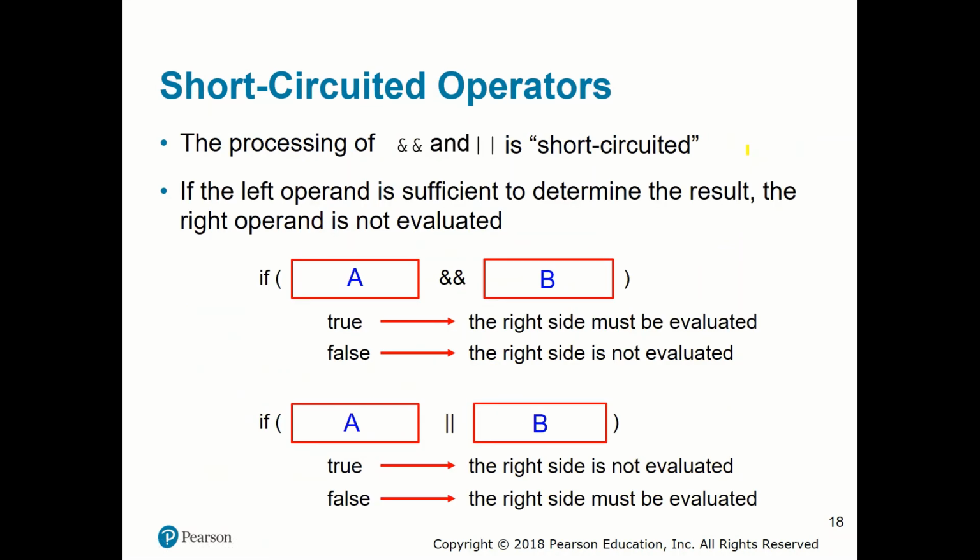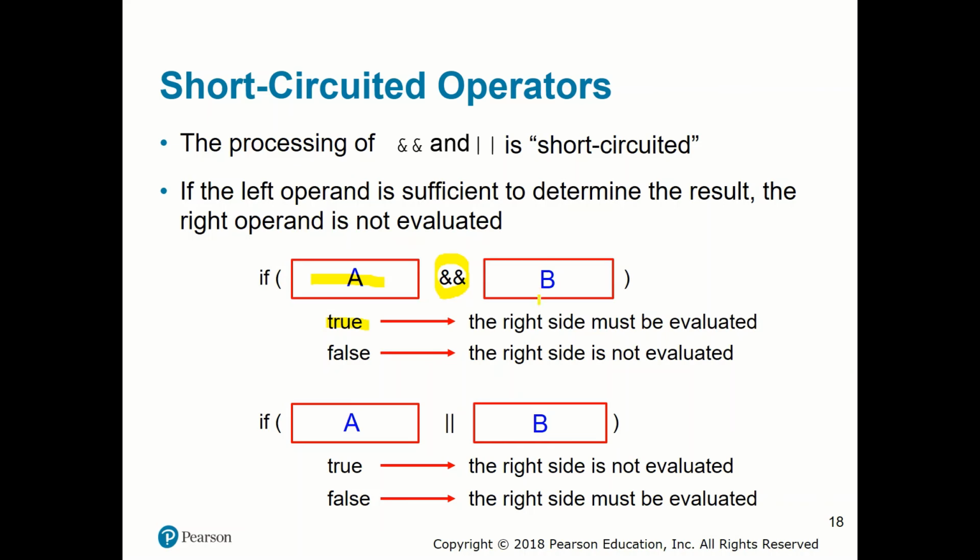The processing of the AND and OR operators is short-circuited. If the left operand is sufficient to determine the result, the right operand is not evaluated. This is short-circuiting. For example, this is the AND operator. If this is true, then the right side must be evaluated. If this is false, then the result becomes false.